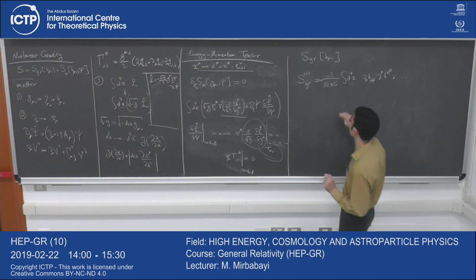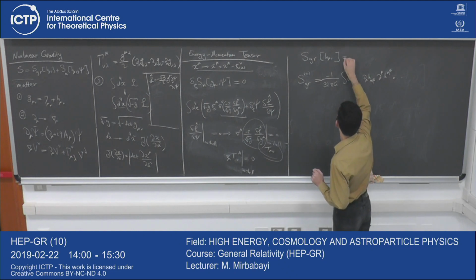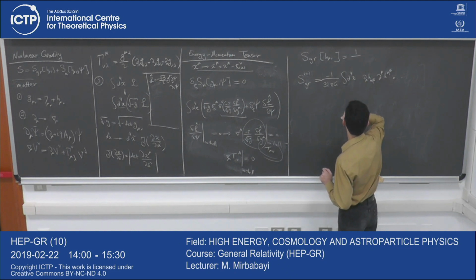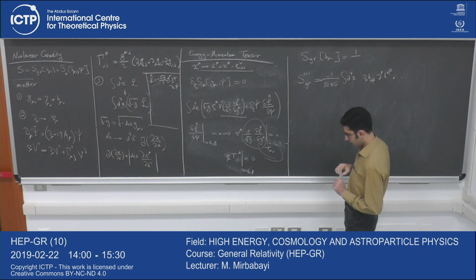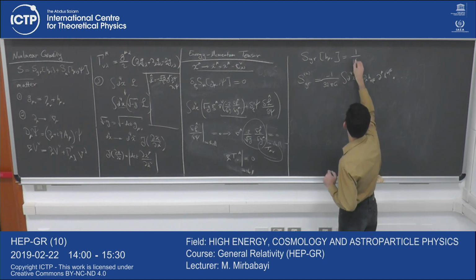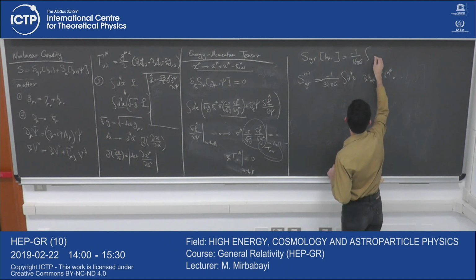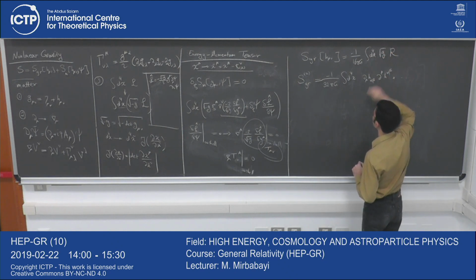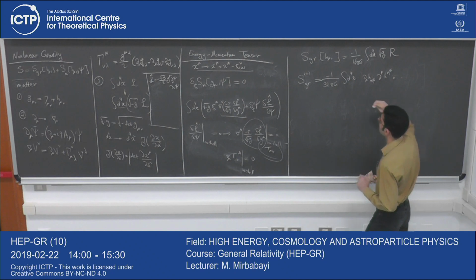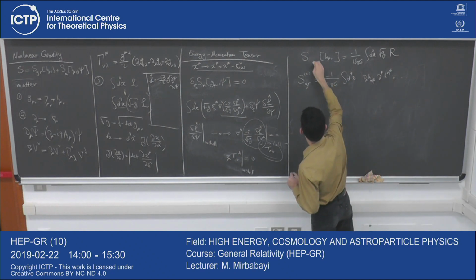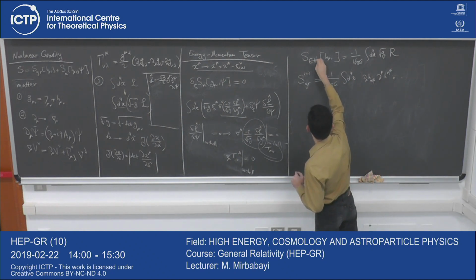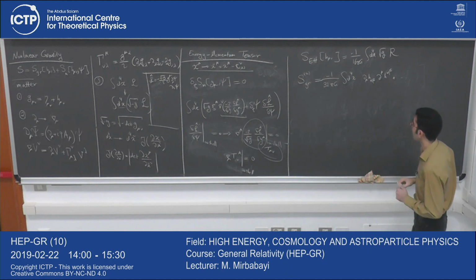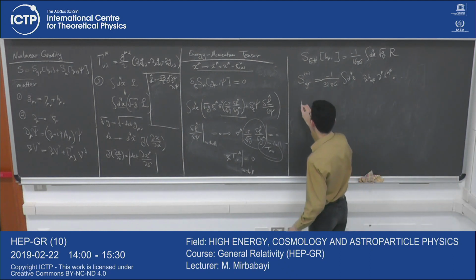These two requirements completely fix this to be 1 over 16 pi G integral d4x square root of g times R, which is called the Einstein-Hilbert action. What is R?